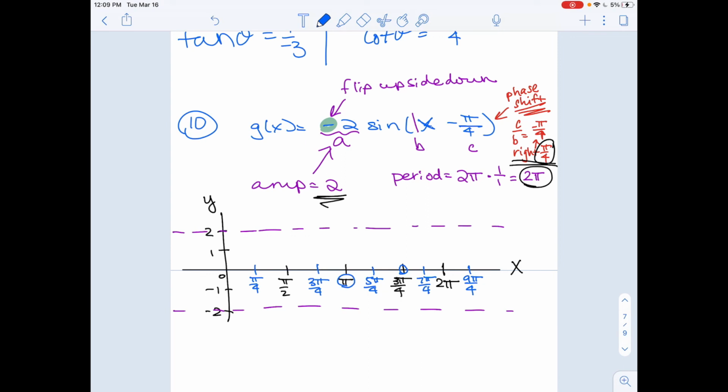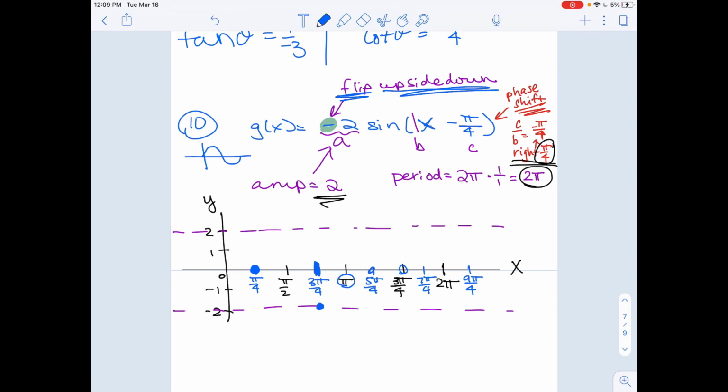And now I'm going to do the pattern with the little adjustment of flipping it upside down. So remember that sine typically looks like this, okay? We're still going to start at 0, but instead of starting at 0, 0, we're moving everything to the right, so it's starting right here at the pi over 2. And then instead of going up to the amplitude, we're going to flip it upside down, and we're going down. So again, we're lining it up with that next critical point that I've lined up for myself on the x-axis.